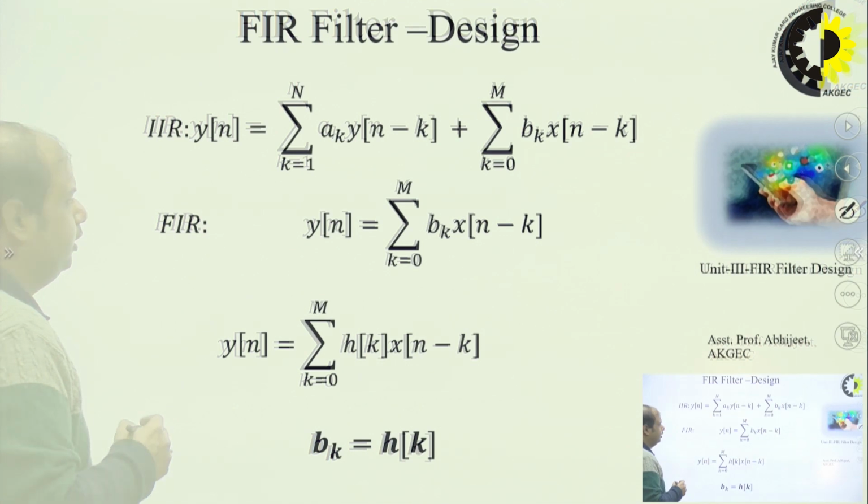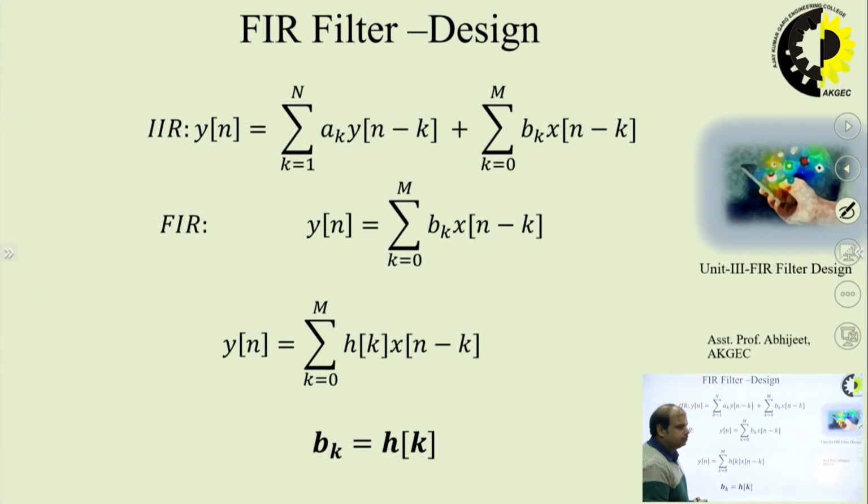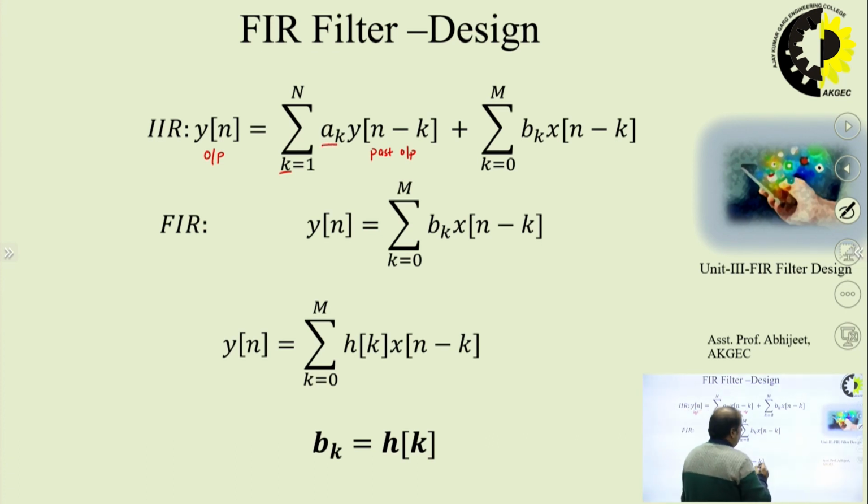For any linear shift invariant system, the output is denoted by y of n, and the past outputs are denoted by y of n minus k, with a summation over k. The present and past inputs are denoted by x of n minus k.